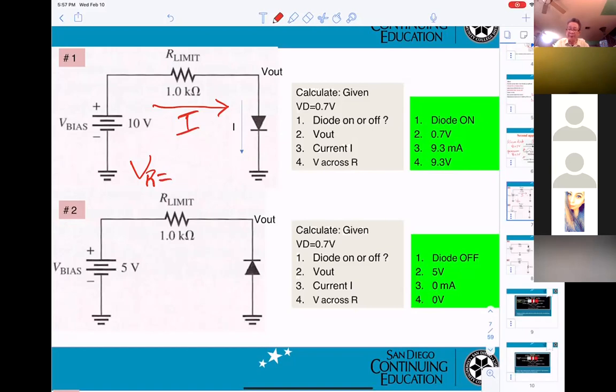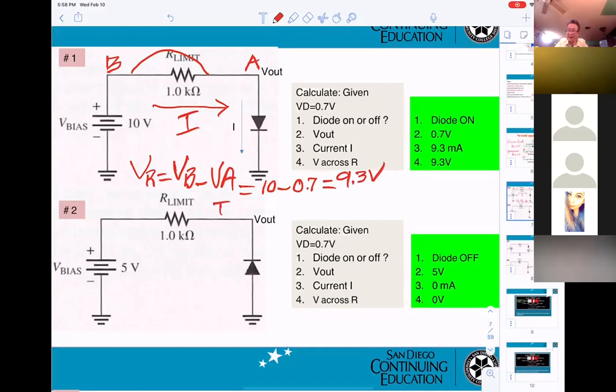I can put point B here and point A here. VR means we want the voltage across this resistor. I can say that will be VB minus VA, and that will be 10 minus V out, which is 0.7. You get 9.3.